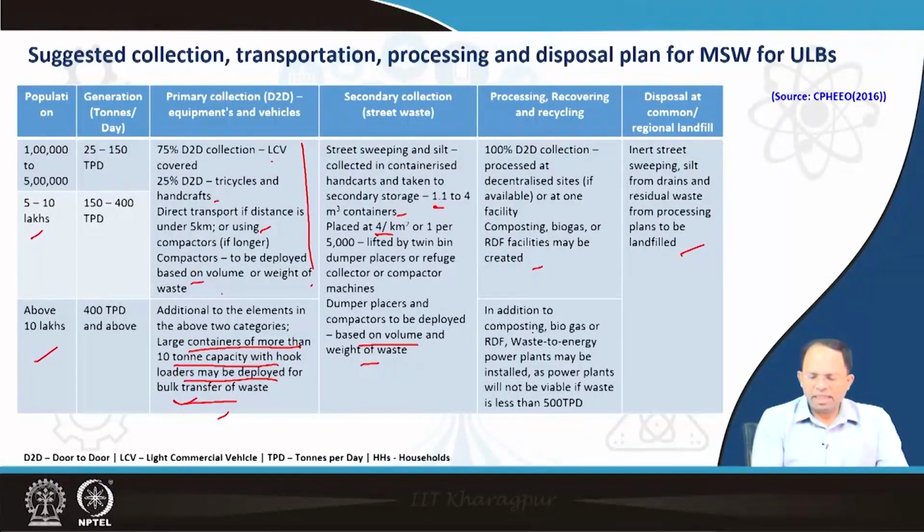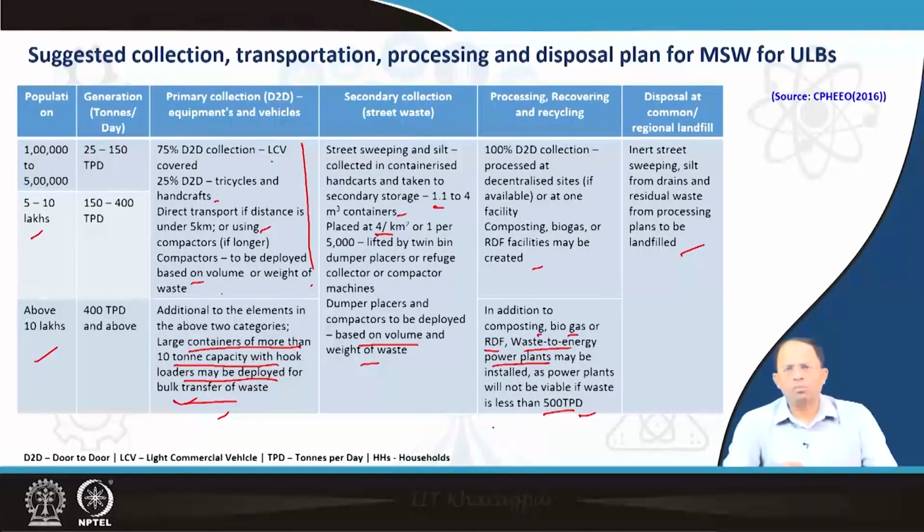And finally, in addition to composting and biogas, we are proposing RDF facilities, and waste to energy facilities, power plants may be installed for converting waste to energy, because power plants are only viable above 500 tons per day. We will discuss what sort of processing facilities in later modules, but at least this is one solution which is given by CPHEEO for setting up a basic waste management system for different urban areas.